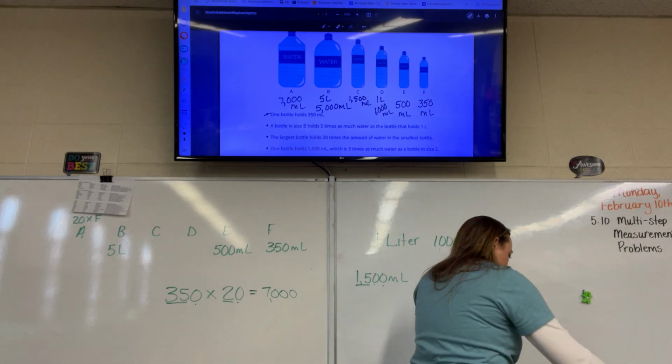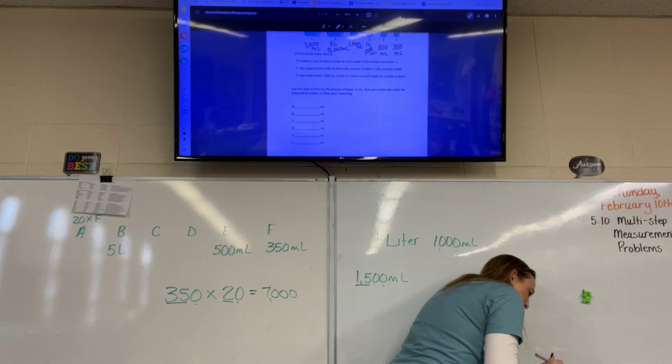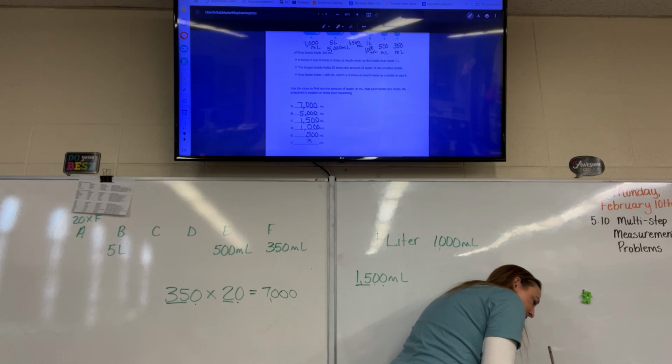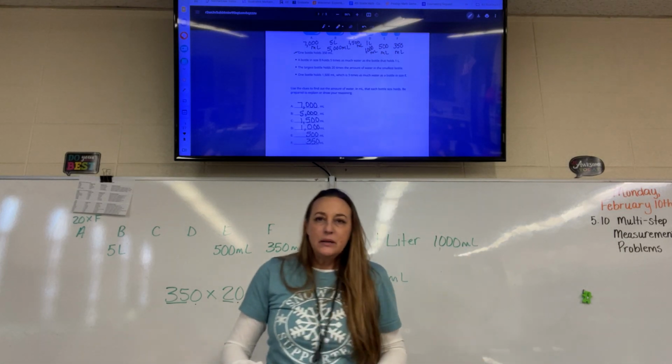Okay, so now we can fill them in at the bottom. A is 7,000 milliliters. B is 5,000 milliliters. C is 1,500. D is 1,000, E is 500, and F is 350 milliliters.